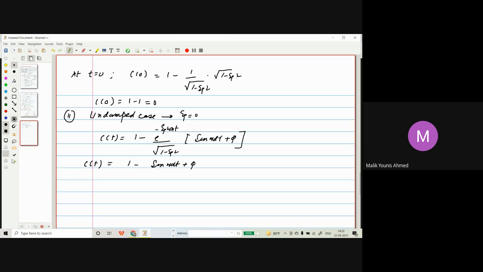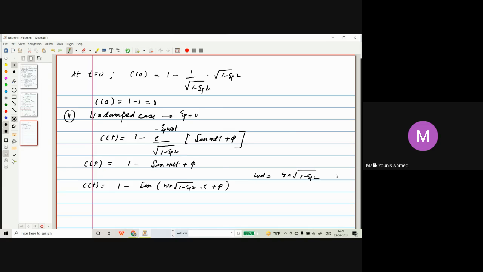So here we can further write tan phi is under root of this. Tan phi will be 1 by 0, infinity. Let me substitute the values. I can write it like this: sine of omega n under root of 1 minus xi square into t plus phi, because that omega d value I have told you, we can write as omega n under root of 1 minus xi square.